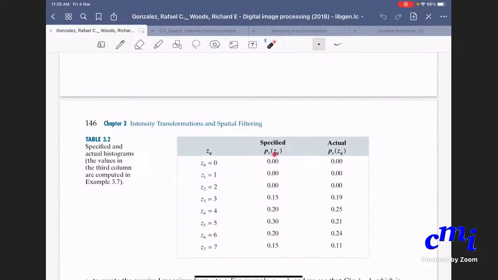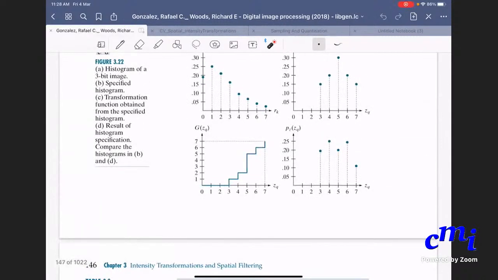And then pz(zq), this is the specified histogram, which tells us the number of pixels or the probability that a pixel will have the intensity value zq. So now we can just take these numbers.